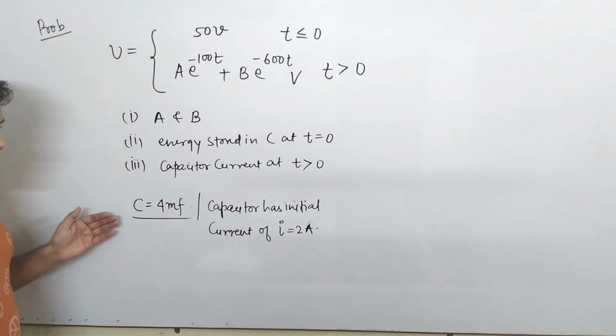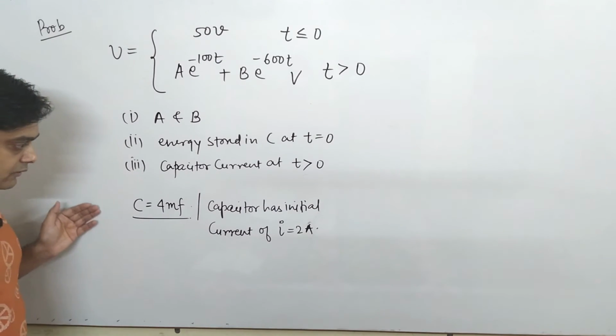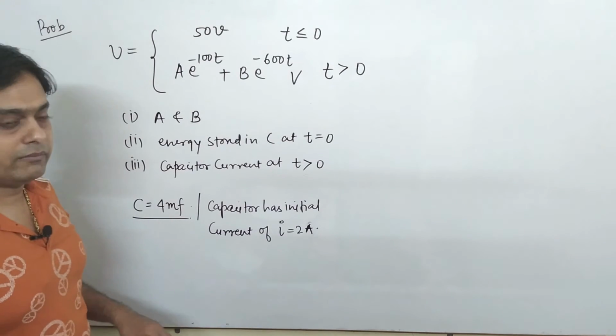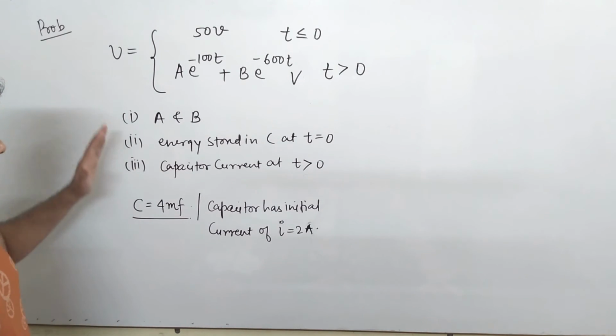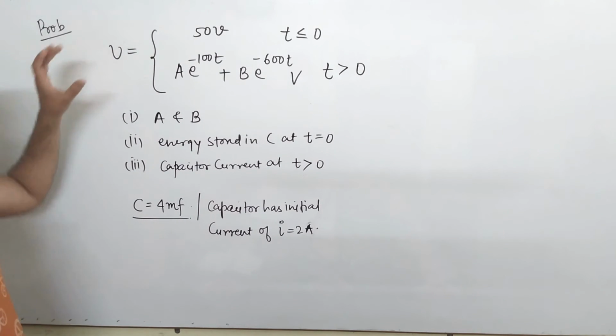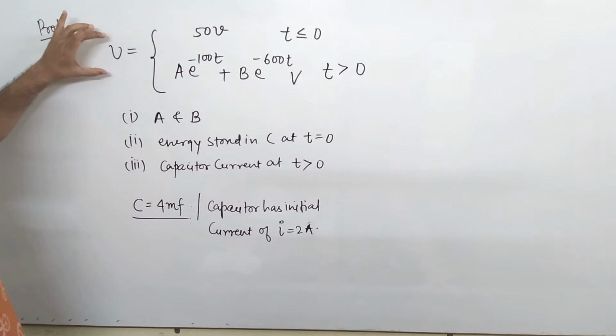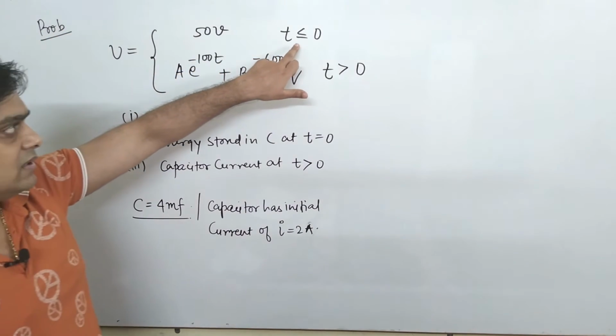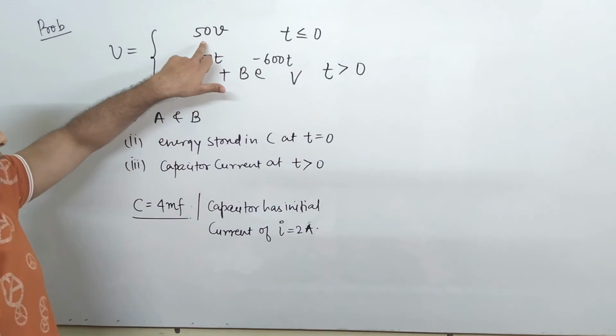See, now slowly we are moving with different types of problems with different types of concepts. So in each problem you just try to understand how we are applying. Okay, in this question again I am explaining to you, this V is given across the capacitor with this condition. That means at t less than or equal to 0 the value is 50 volt.